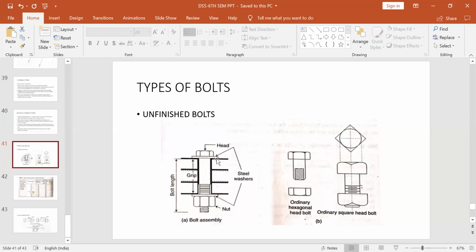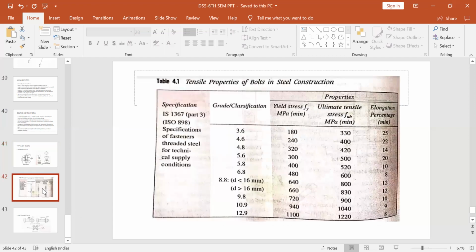So even in the design problems that we will be solving, the class of bolt commonly used will be 4.6 class of bolt. Now it has an ultimate strength, this 4.6. The properties are given in this table that I will explain. These are all properties of this class. All this class of grade of class and grade of bolts is given.